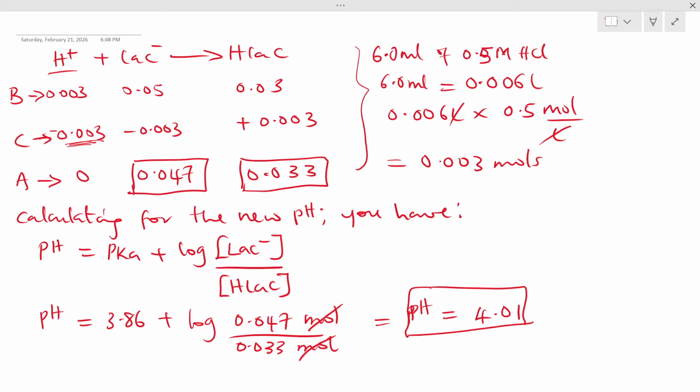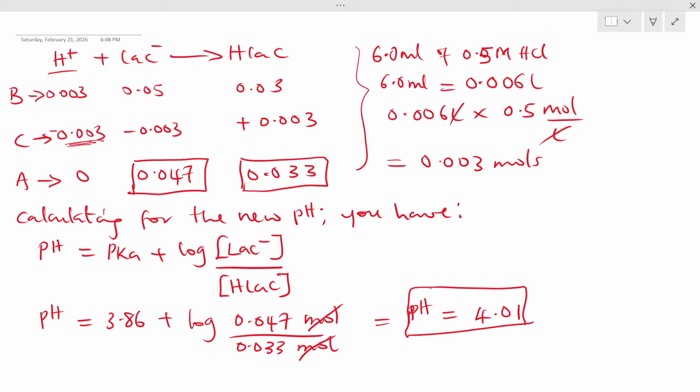A change in pH. So I didn't indicate the pH here.